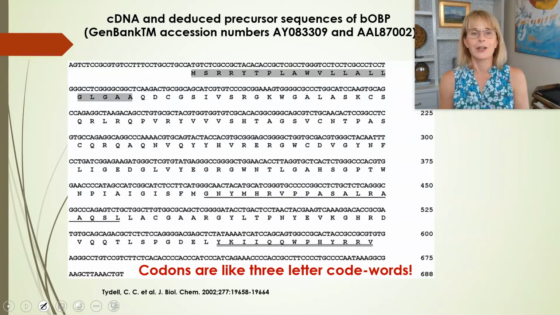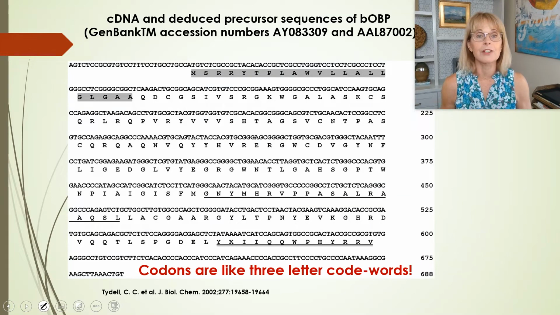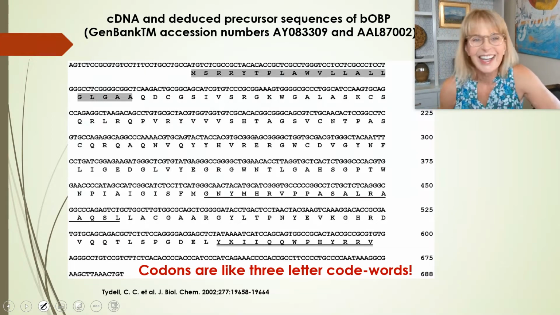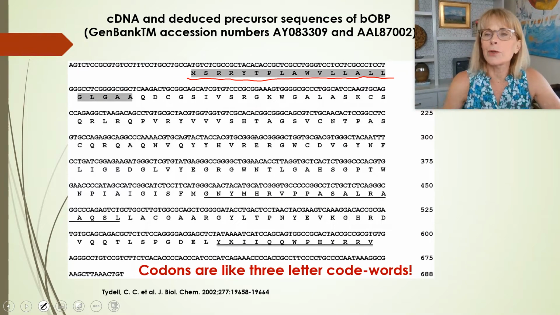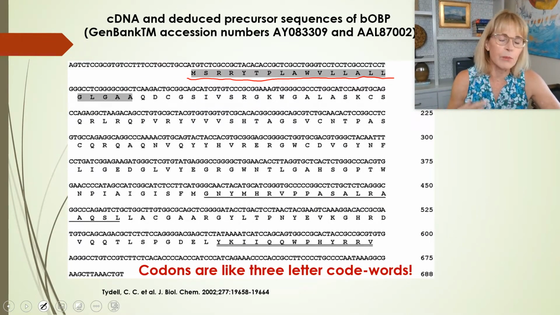So here we go. You might recognize this because it's in the lecture part of the class. This is a protein that I discovered. I know, it's pretty exciting. Anyway, these letters here that are pretty far apart, each one of those is a single letter abbreviation for an amino acid.